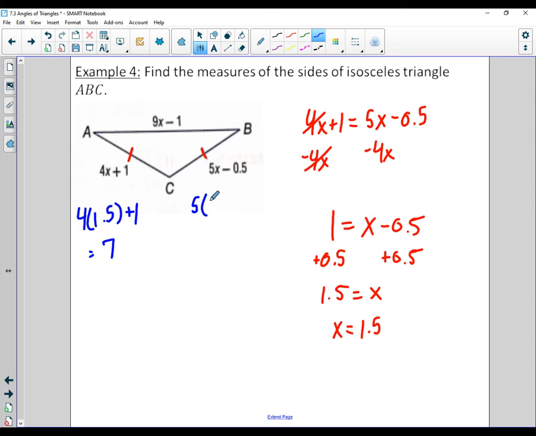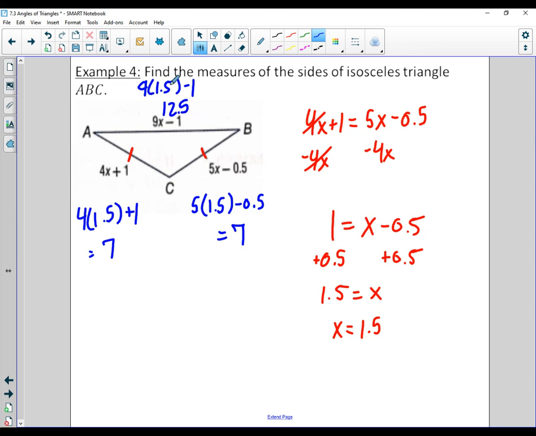Now 5 times 1.5 minus 0.5. 5 times 1.5 is going to be 7.5, minus 0.5, which is going to be 7. And that makes sense, right? Both of these sides should be 7 since they're equal. And then this one up here, we have 9 times 1.5 minus 1. 9 times 1.5 is 13.5, minus 1 should be 12.5.